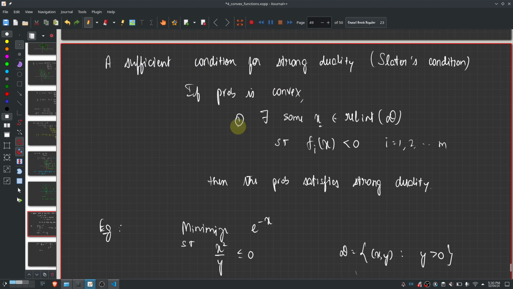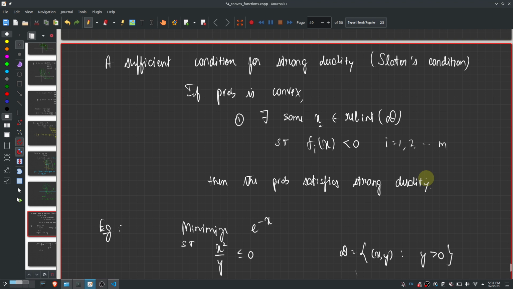So these are called Slater's conditions. Strong duality holds if Slater's conditions are satisfied for convex functions. But in certain special non-convex optimization problems, you can also check whether these conditions are satisfied. And for certain classes, it turns out that this is also sufficient for strong duality.